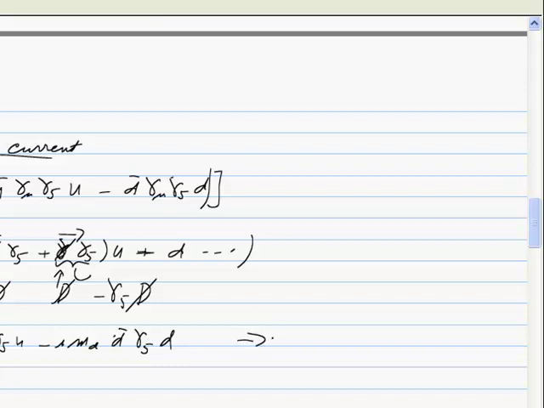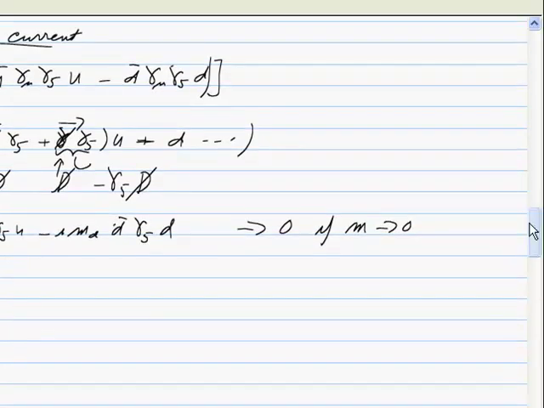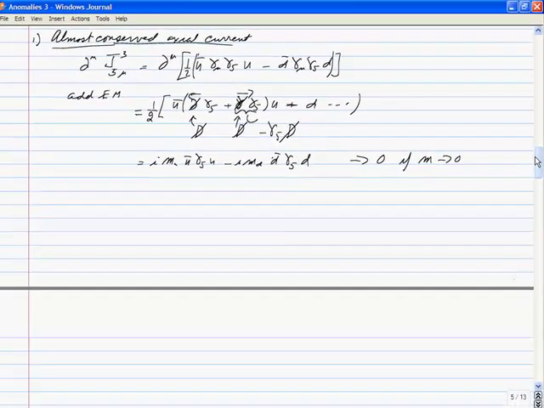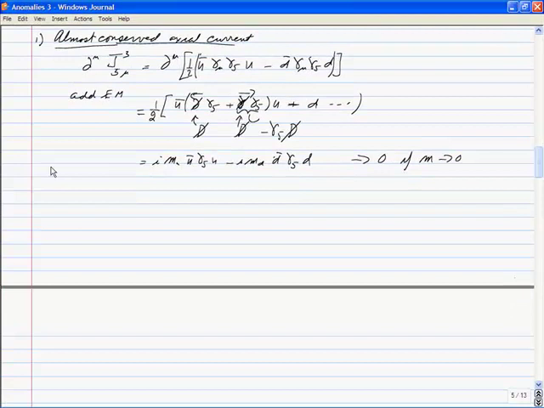So this goes to 0 if m goes to 0. So that's fact number 1. Fact number 2, it's easy to write an effective Lagrangian for π⁰ to 2γ.